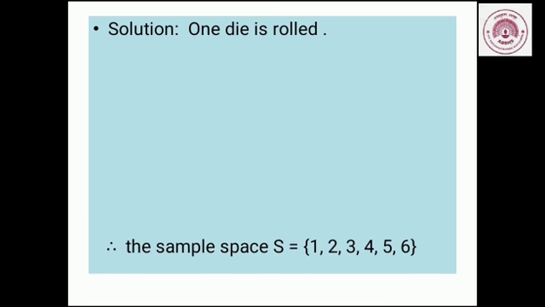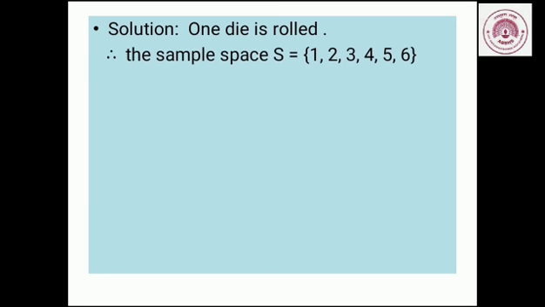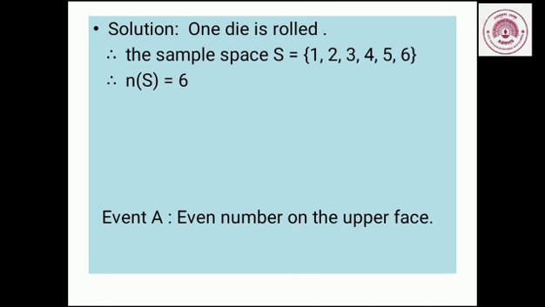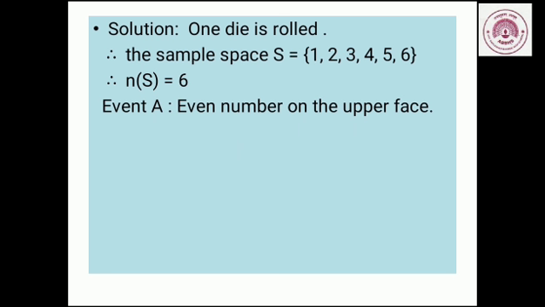Solution: one die is rolled. Therefore, the sample space S is equal to {1, 2, 3, 4, 5, 6}. Right? So n(S) is equal to 6 as there are 6 sample points in the sample space S. Now, event A is even number on the upper face.